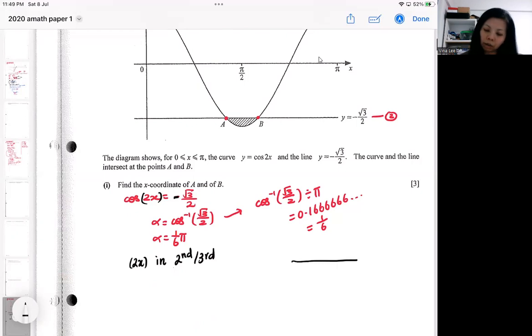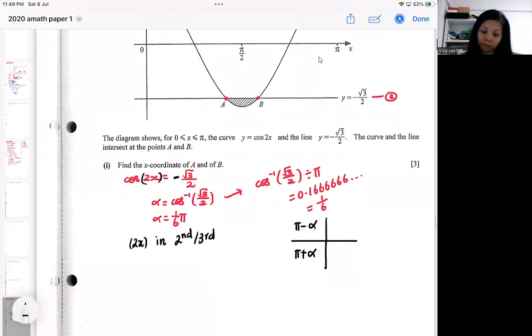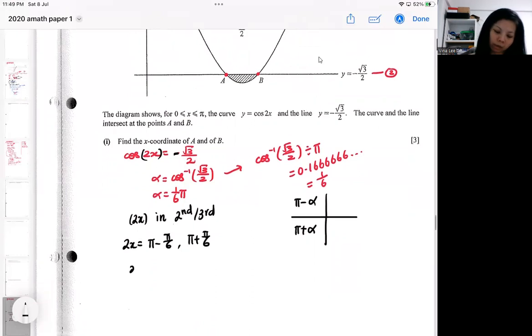The second and third quadrants will be pi minus alpha and pi plus alpha. So your 2x will be pi minus pi over 6 and pi plus pi over 6. From here, you will get your 2x value.